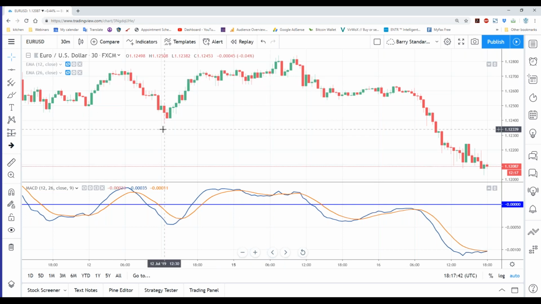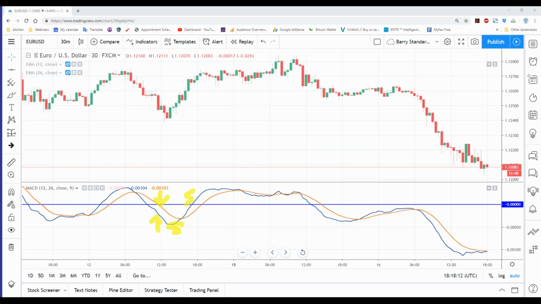What MACD does at this point is it goes one step farther. We take the difference between the MACD line and the signal line, and we subtract the signal line from the MACD line.